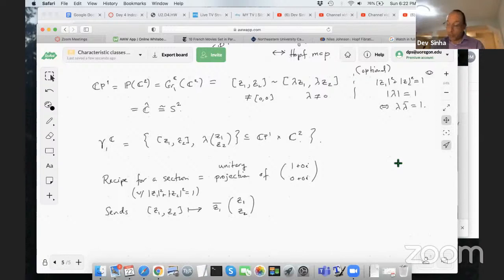So you could recall that this is unitary projection, or you can check that this is well defined. Don't really care about whether it's unitary projection, just check that we get a section. So what happens if I take lambda Z1, lambda Z2, where lambda is a unit complex number? Well, that's going to go to lambda bar Z1 bar times lambda Z1, lambda Z2, but these are equal.